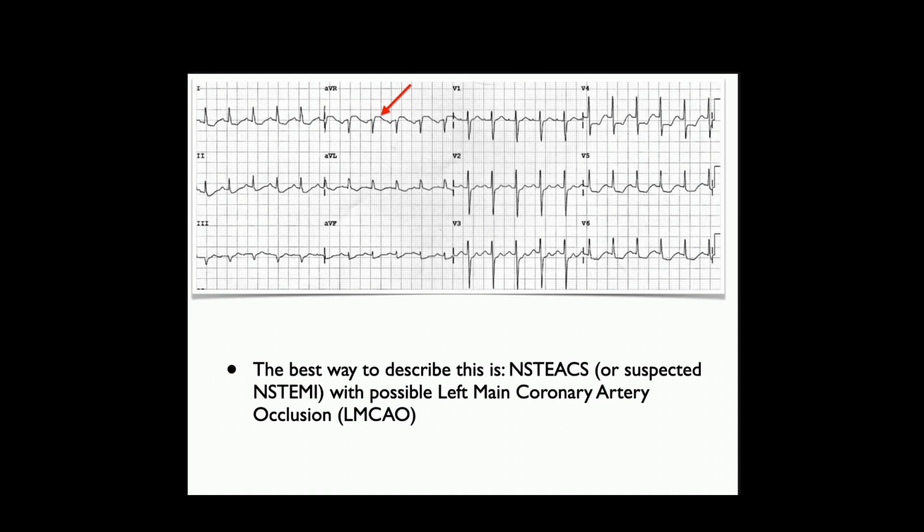So how do we describe this? I think the best way to describe it would be to say non-ST elevation ACS or suspected NSTEMI with possible left main coronary artery occlusion, if you want to add that in.